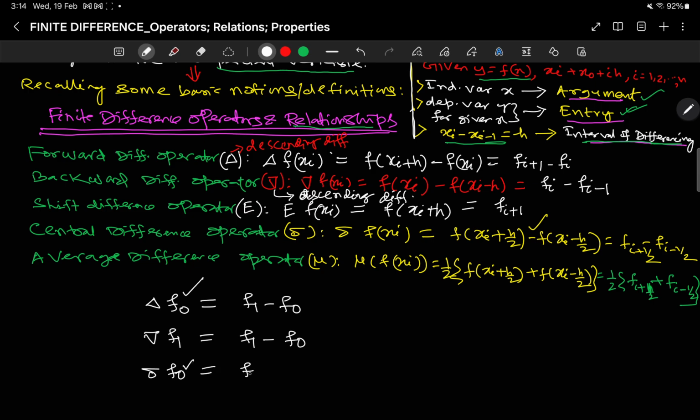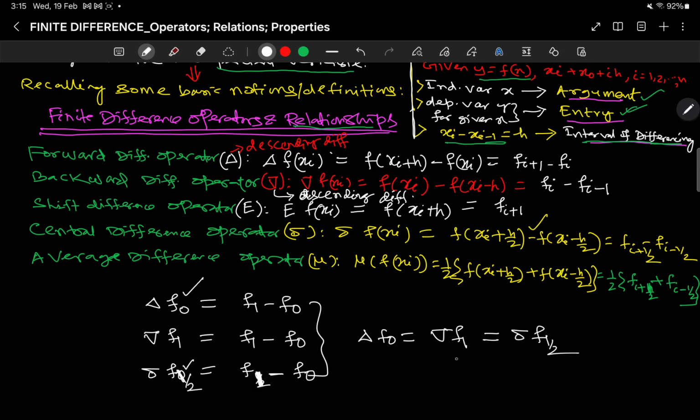It is central delta f_(1/2), so this is f of half plus half, which is f1, minus f of half minus half, which is f0. Now these three things are the same.